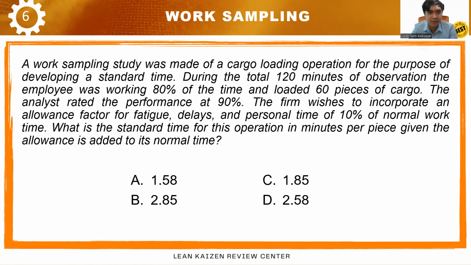The analyst rated the performance at 90%. The firm wishes to incorporate an allowance factor for fatigue, delays, and personal time of 10% of normal work time. What is the standard time for this operation in minutes per piece, given the allowance is added to its normal time? So take note of this. Okay, so let's solve this problem.